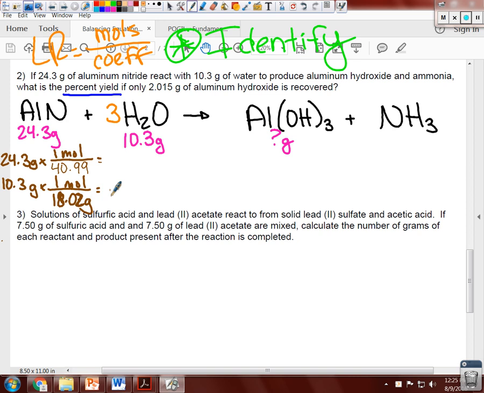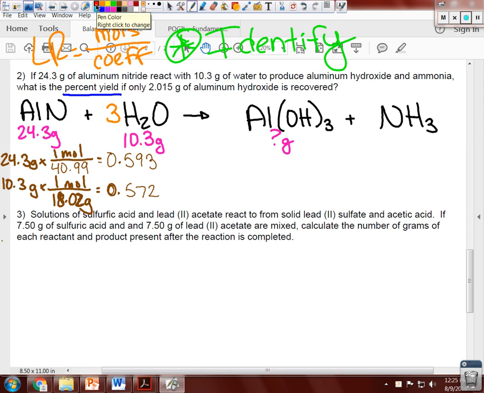Okay. I need to go back. 0.57. Okay. So those are my number of moles.